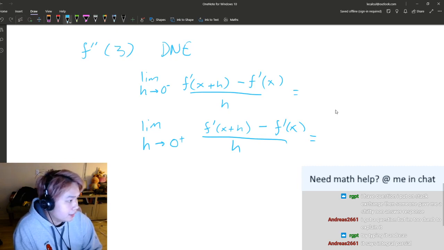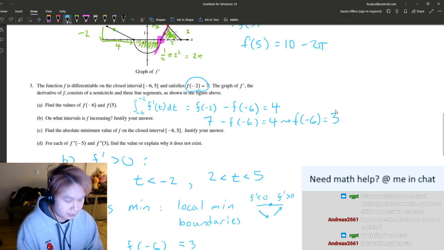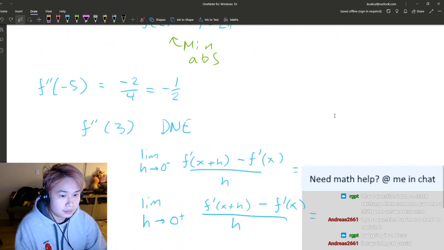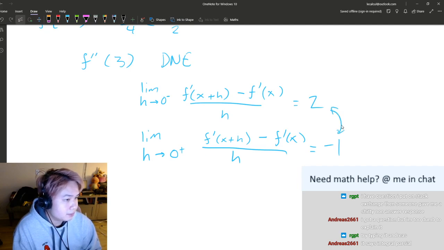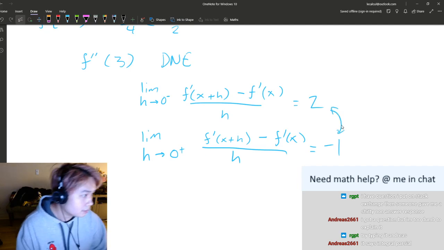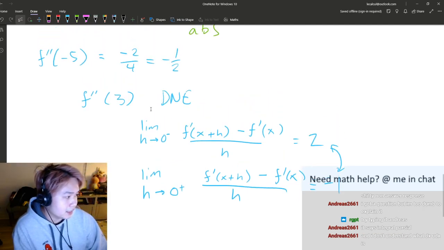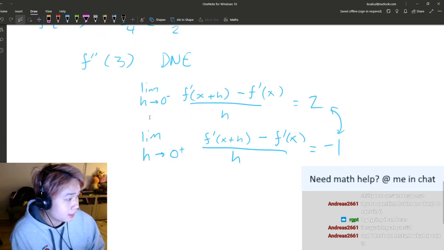So if we just write that out, these two things are not equal, so our limit doesn't exist, so our whole derivative doesn't exist.